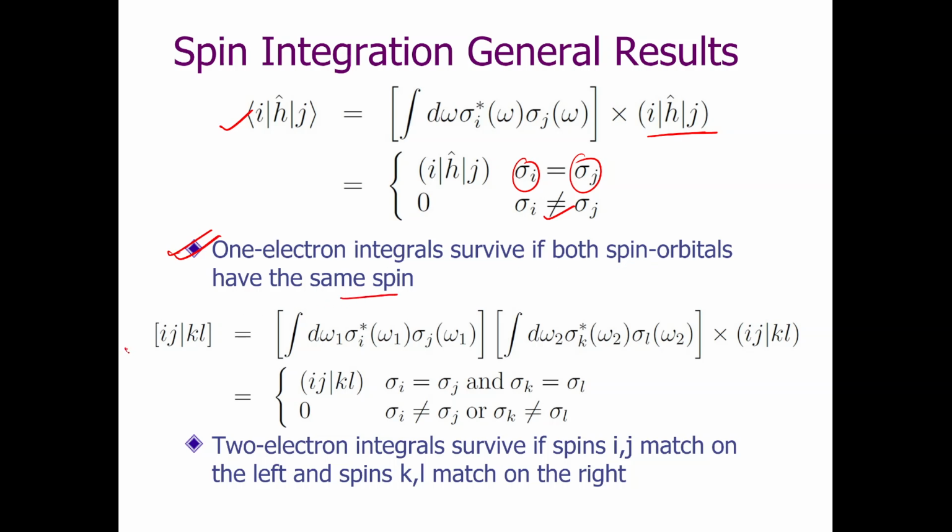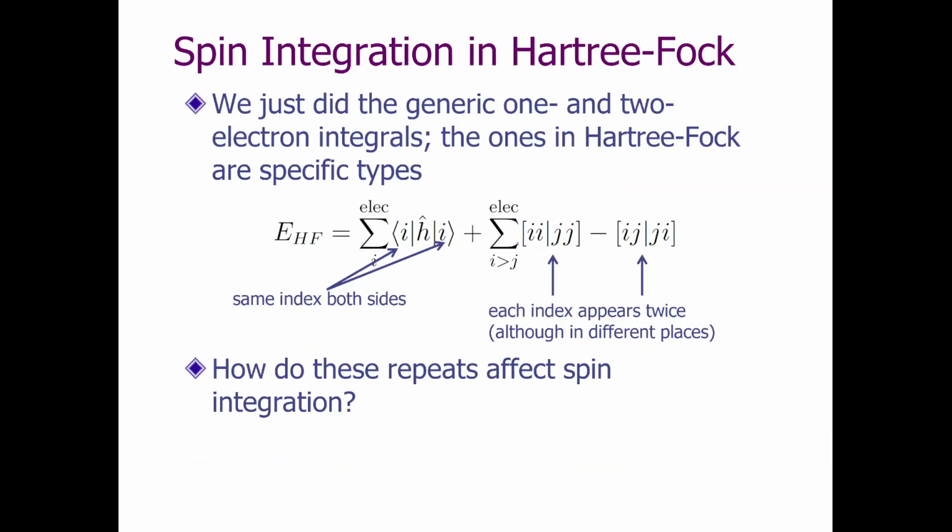Now what about the two-electron integrals? Again, the two-electron integrals survive if the spins of ij, in Mulliken's notation, match on the left and the spins of kl match on the right. Now we just did the generic one- and two-electron integrals, the ones in Hartree-Fock.